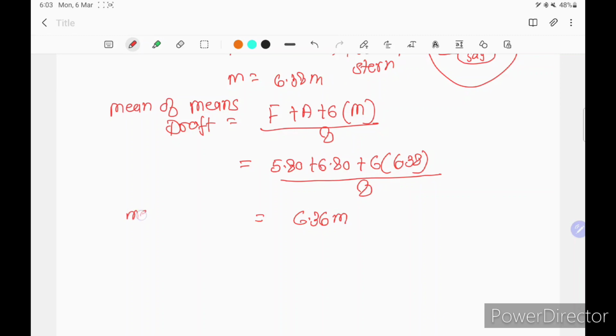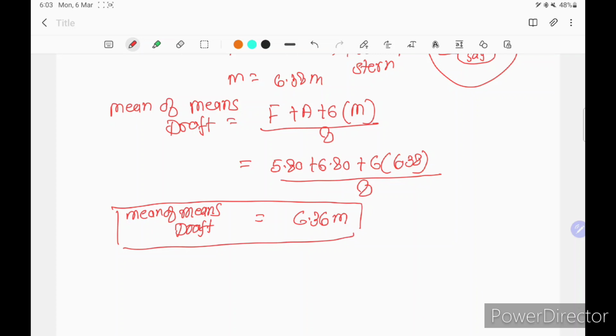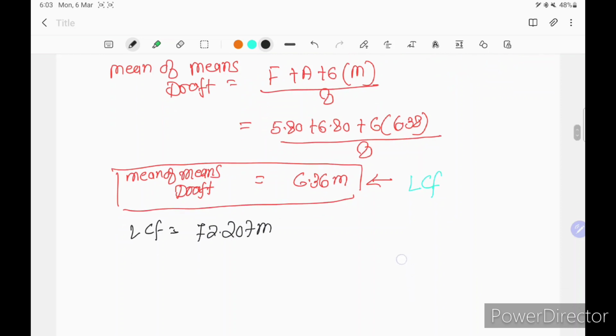Now this is the mean of means draft. Now for this we need to find the LCF in the ship's particulars. So LCF we get is 72.207 meters.